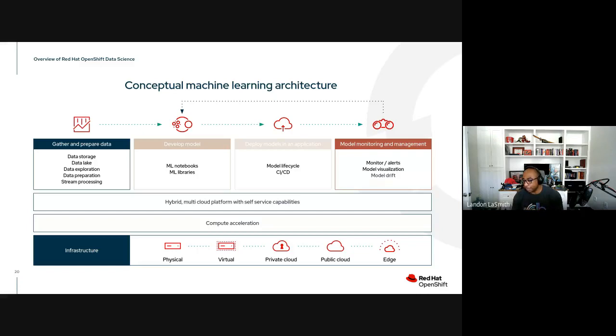Compute acceleration: these are different types of OpenShift nodes, whether it's GPU accelerated, memory optimized, CPU optimized, and you want to make sure that your specific workloads can run on those. We can do that. And hybrid multi-cloud, so you can work with different platforms, whatever fits within your workflow. And on top of that are the applications.